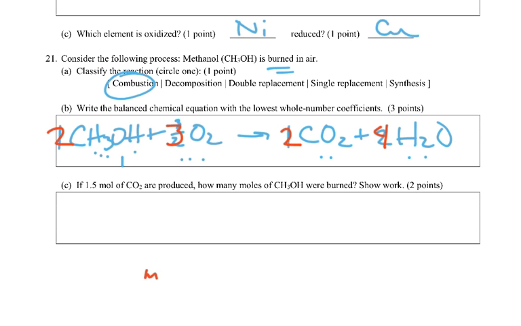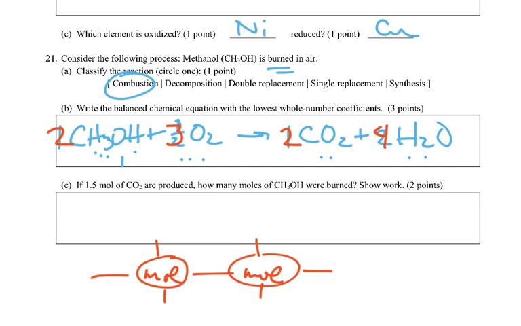I want moles, and I'm going to moles. So moles to moles, I don't have to go to grams, I don't have to go to liters, I don't have to go to molecules, so I just need one conversion factor from moles to moles. So 1.5 moles of CO2, and then I go right to my mole-mole conversion factor.